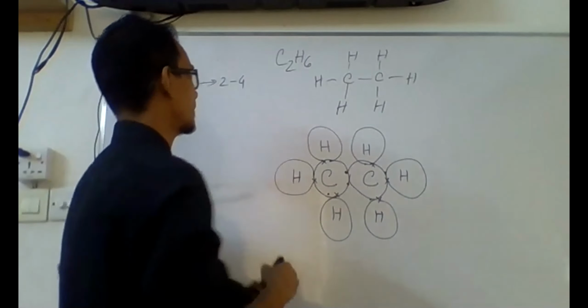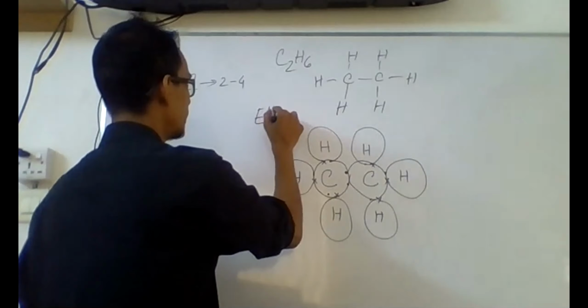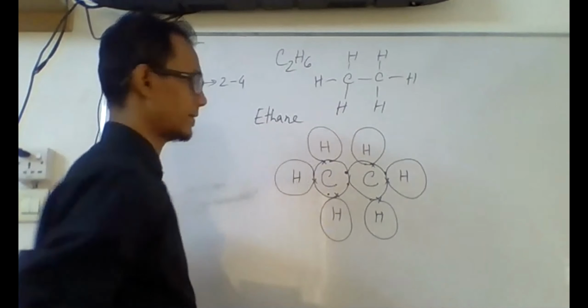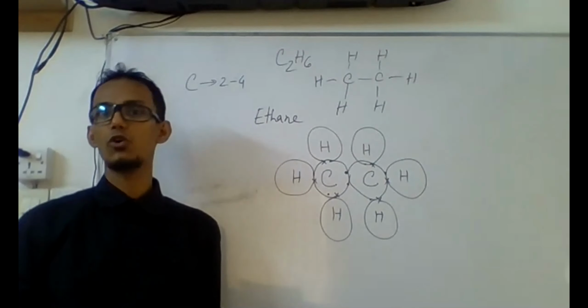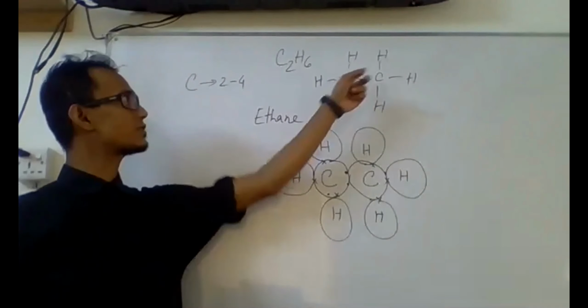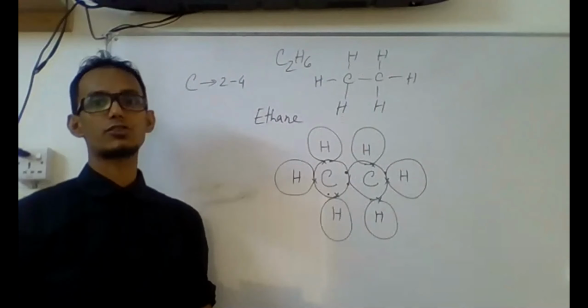This is an ethane molecule. Ethane, we will learn about them later on in organic chemistry, but this is an ethane molecule. So if you know this structure, you can easily draw this dot and cross diagram.